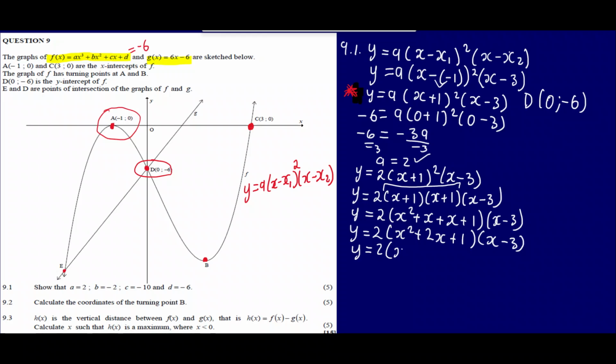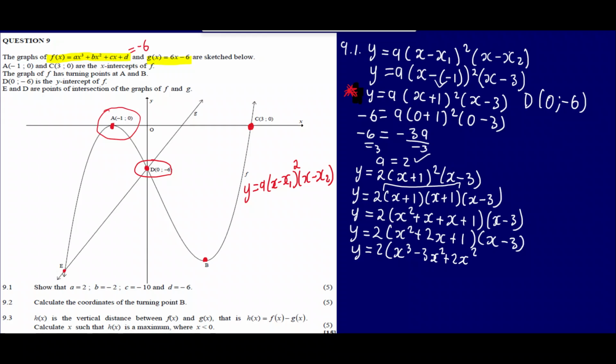And now we can multiply the brackets. So we'll get x to the power of 3, and then we will get x to the power of 3 minus 3x squared, minus 3x squared, and then plus 2x squared.